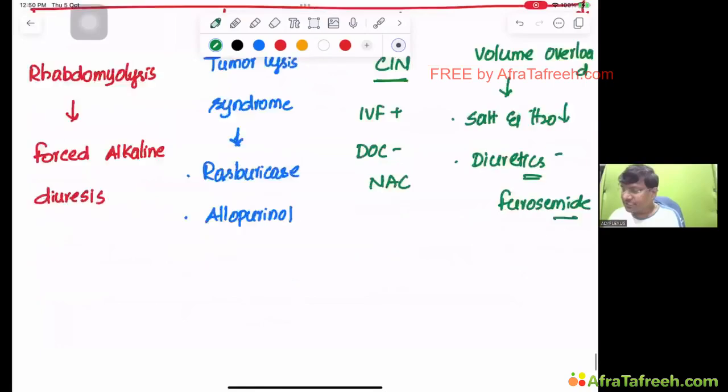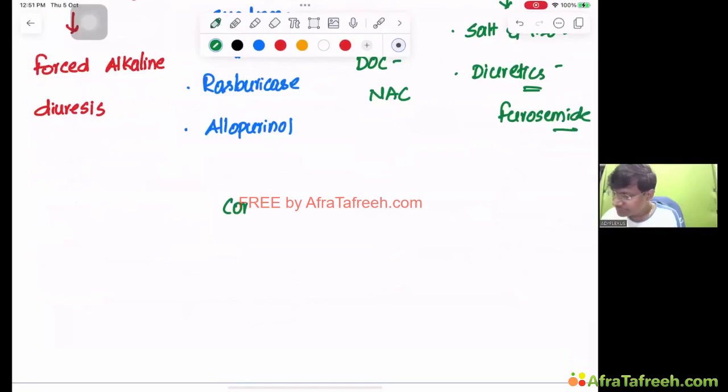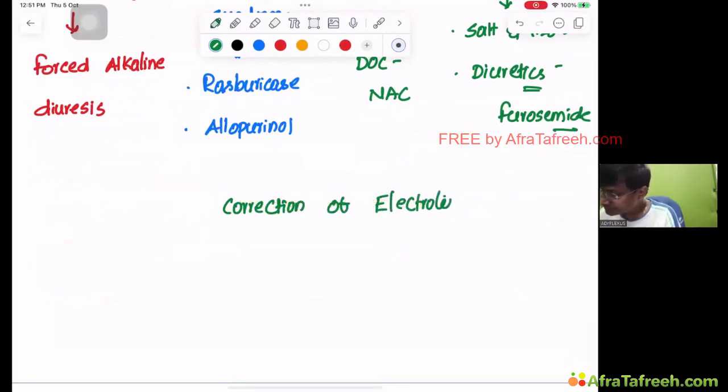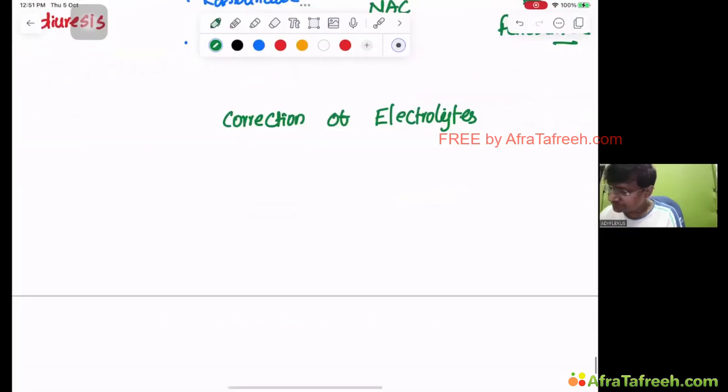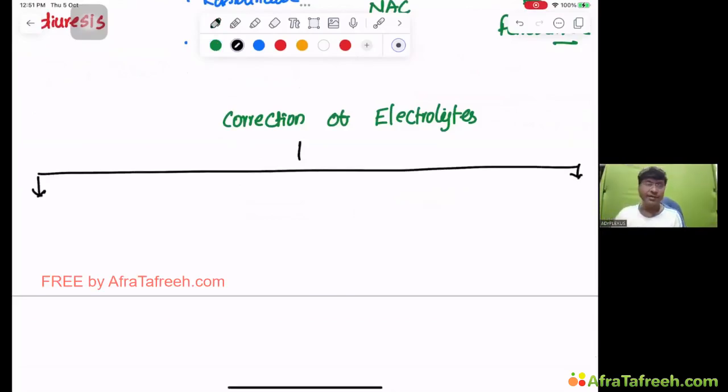Then how will you correct the electrolyte abnormalities? Because these patients have multiple electrolyte abnormalities. So, correction of electrolytes. I told you that these patients have dilutional hyponatremia.